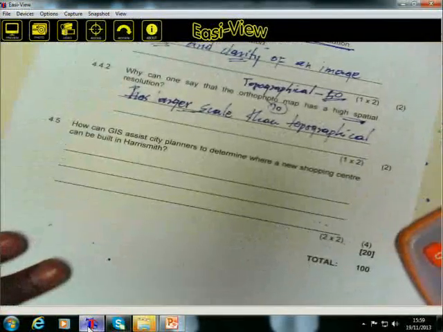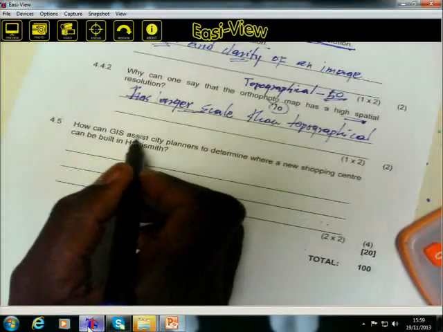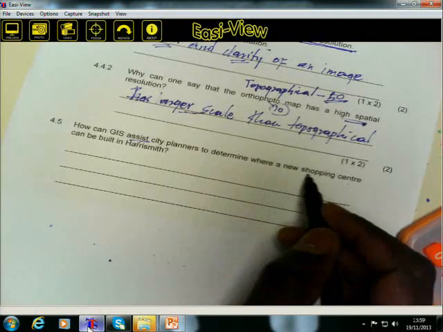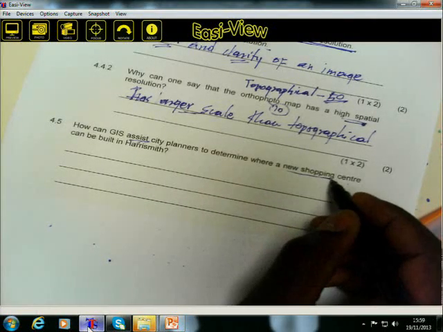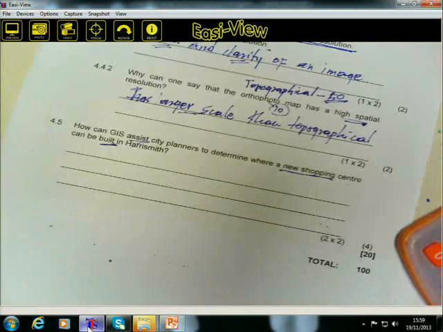Then let's go to question number 5. How can GIS assist city planners to determine where a new shopping complex can be built in Harrismith?